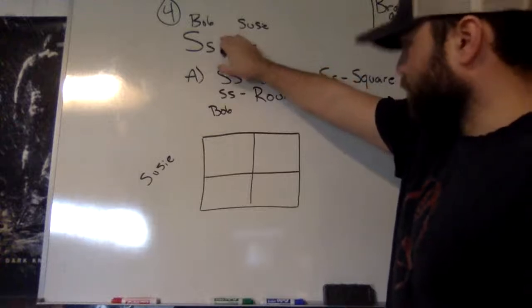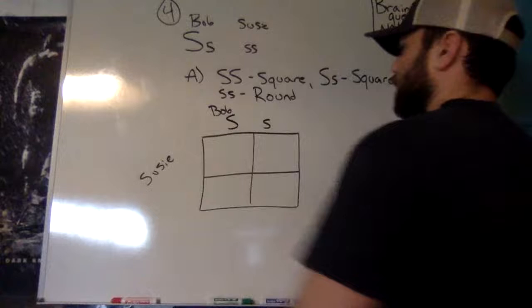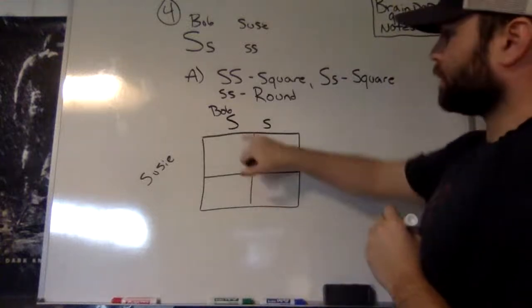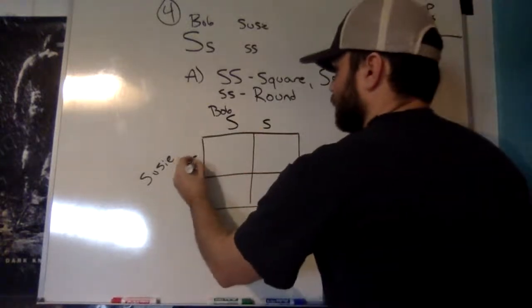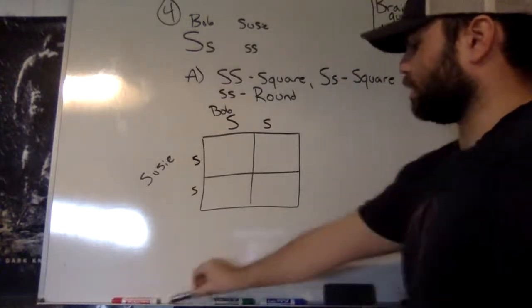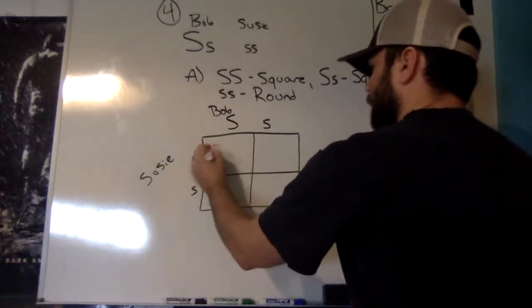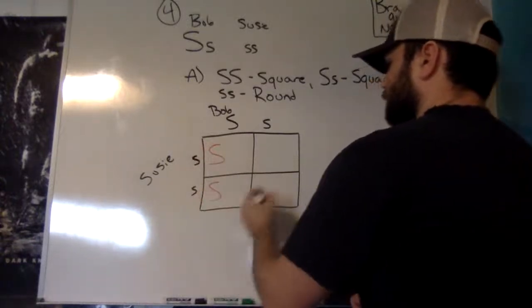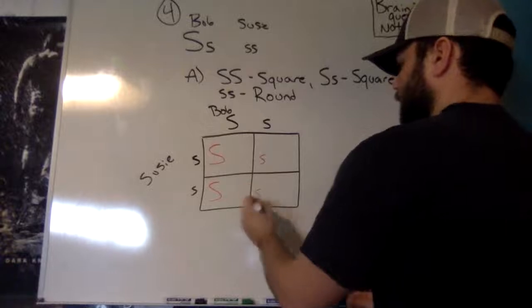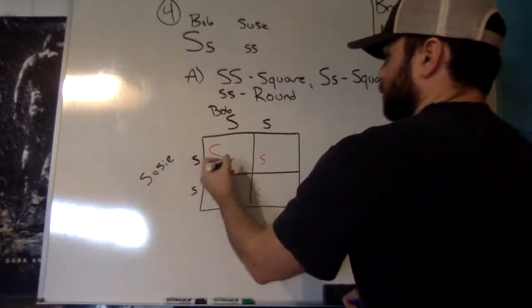They're saying that SpongeBob is heterozygous, okay? And then Susie is 2 small s's. So I'm going to bring these across, okay? I'll use red for SpongeBob. So we got capital S, lowercase s. Now we bring Susie's across.